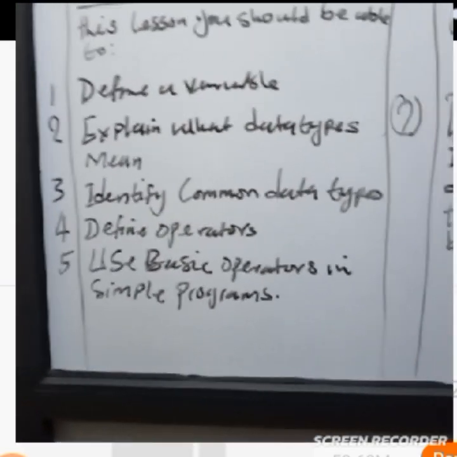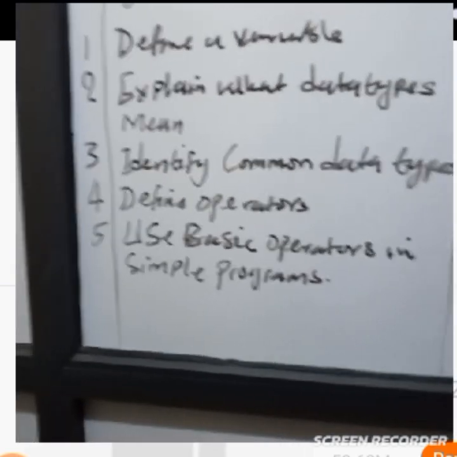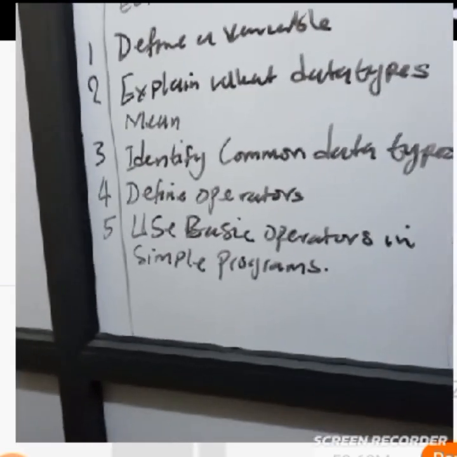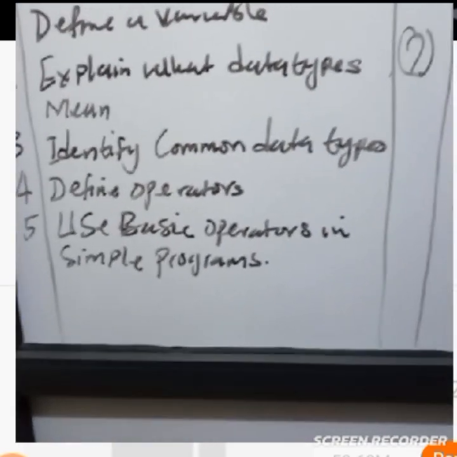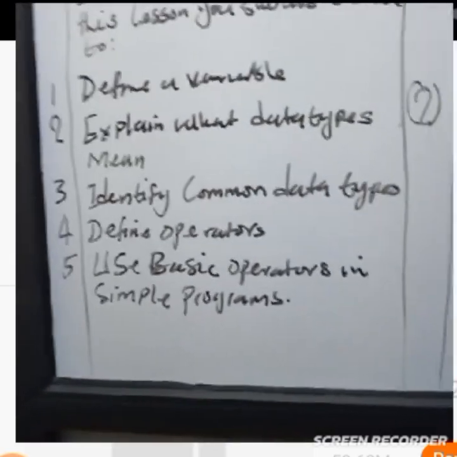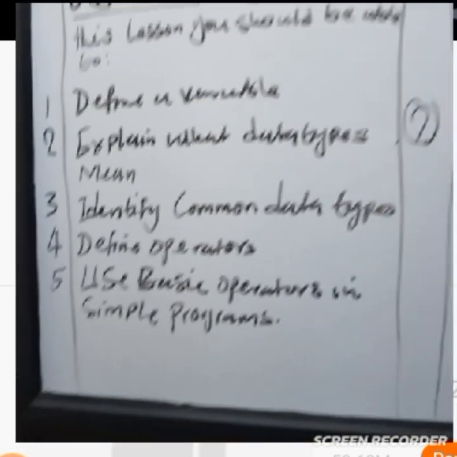So these objectives tell us what you are expected to understand and do at the end of this lesson. If you can explain variables, data types, and operators with examples, then you have achieved today's lesson.